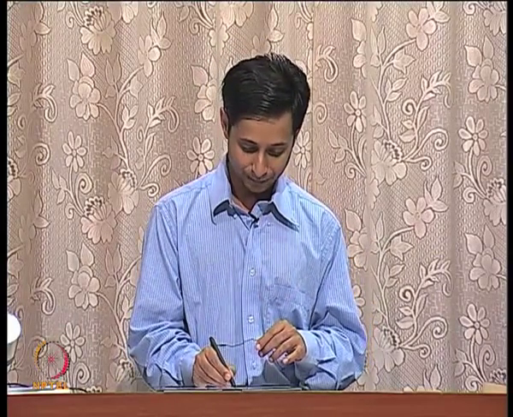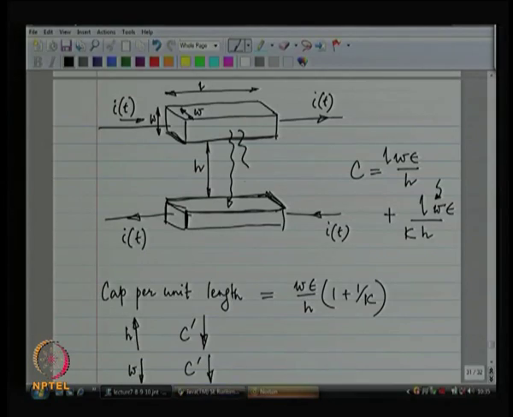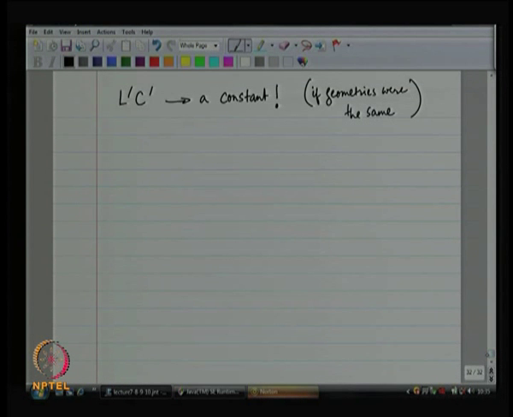If the dielectric material was not a perfect insulator, then there would be current leaking out, and that would create a conductance per unit length as well. So, our model for the wire looks like this.